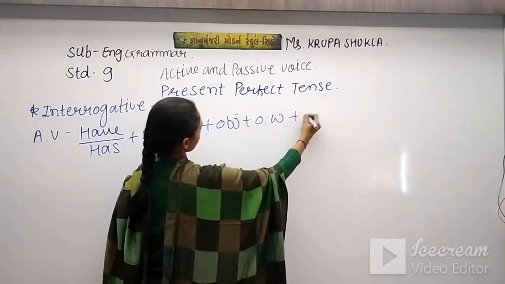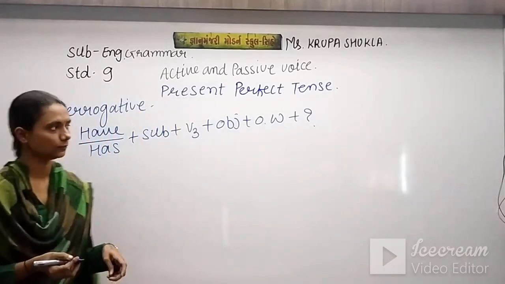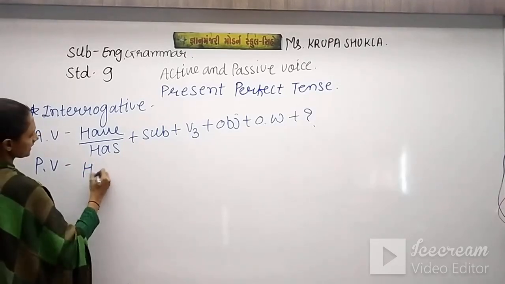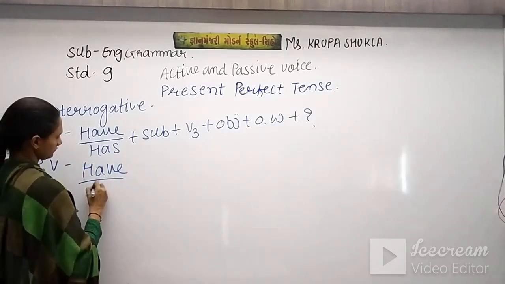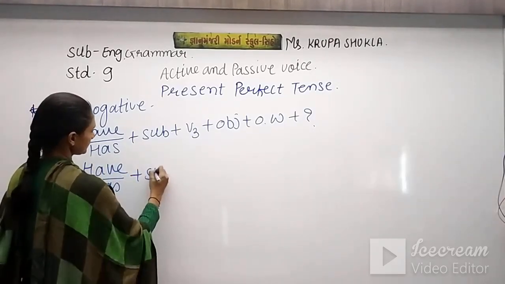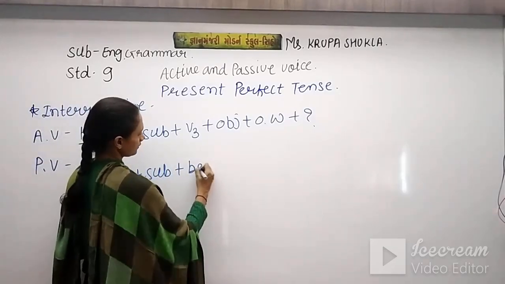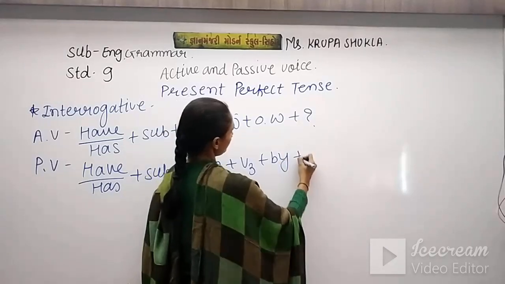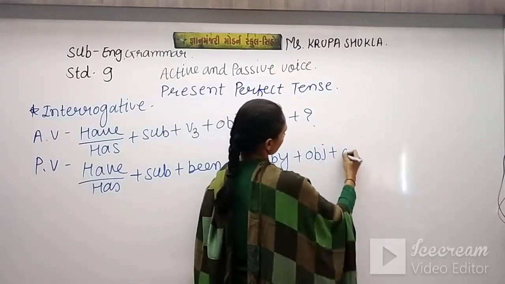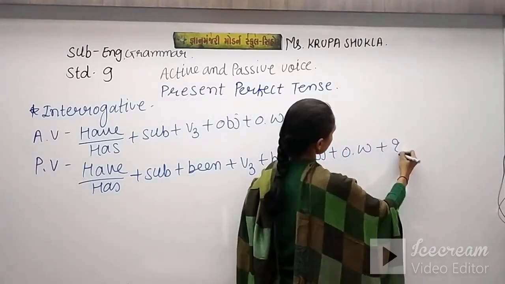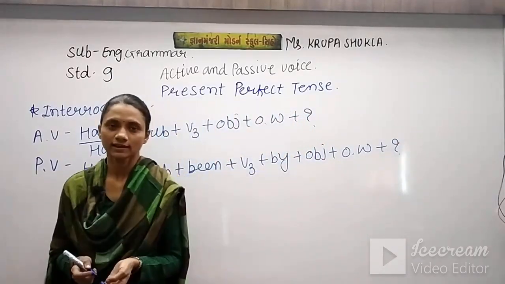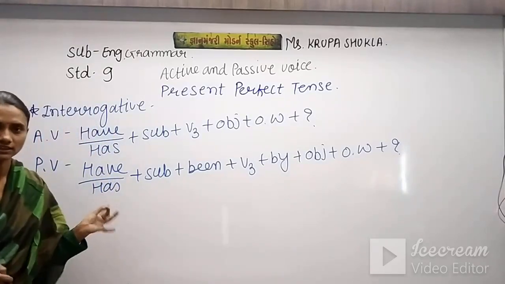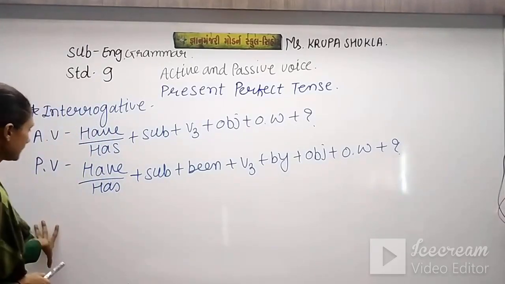The passive construction pattern: Have or Has remains the same, plus subject, plus been, plus V3, plus by, plus object, and at last a question mark. Have and has will not change their place because it is an interrogative sentence.